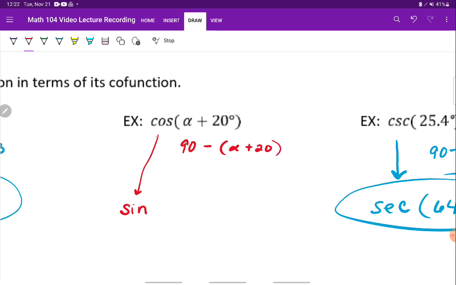And then we'll simplify this algebraic expression. We'll distribute the negative and combine like terms. We get that we can rewrite cosine of alpha plus 20 degrees as sine of 70 minus alpha.